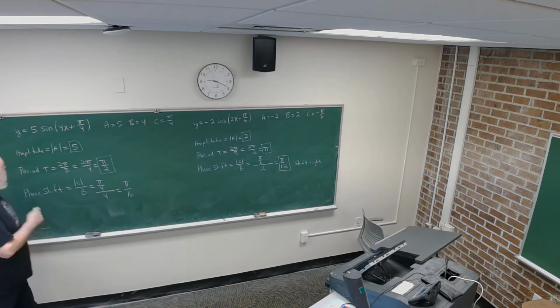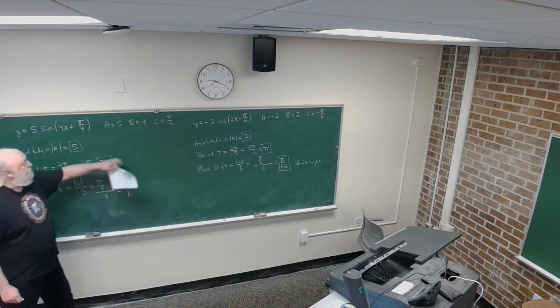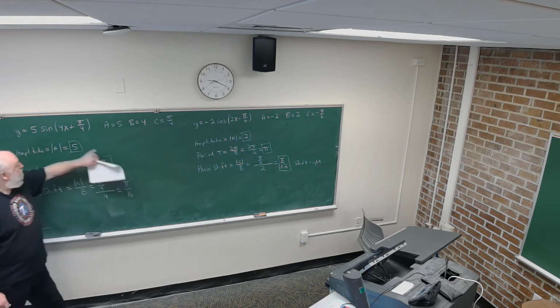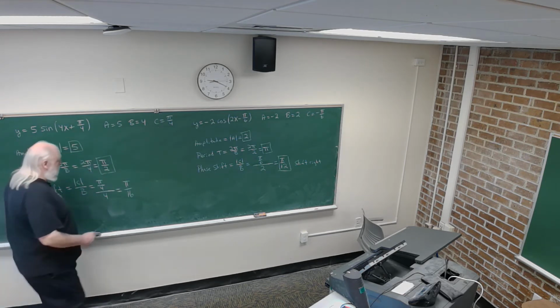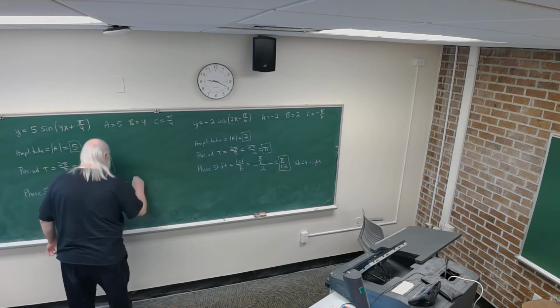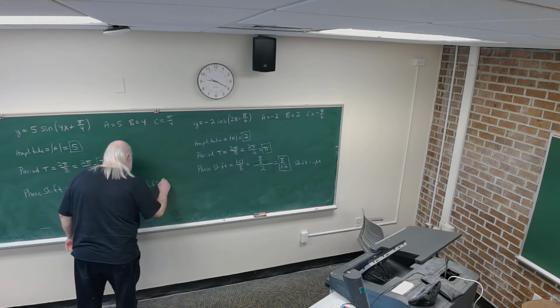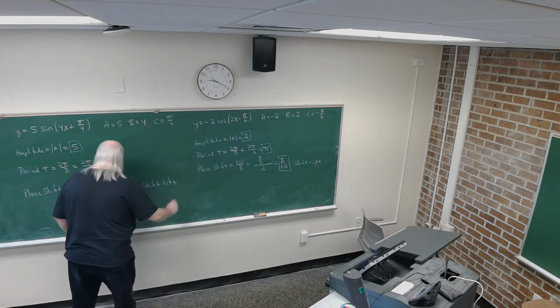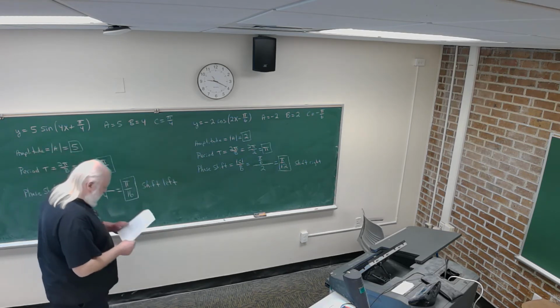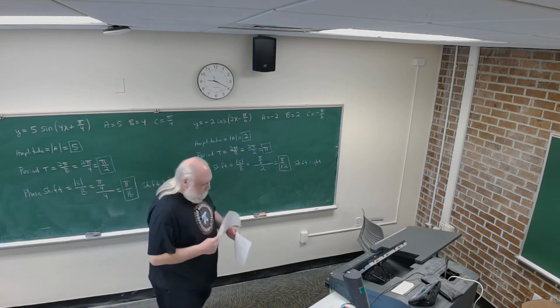So the graph of the sine function gets shifted to the left pi over 16 units. Which direction? Left or right? It's to the left because this is positive, plus pi over 4. All right. Any questions on that?